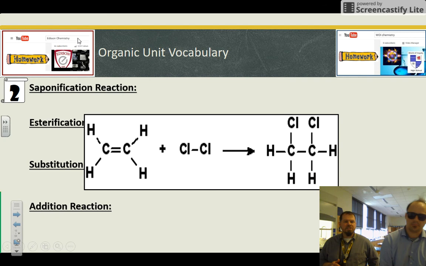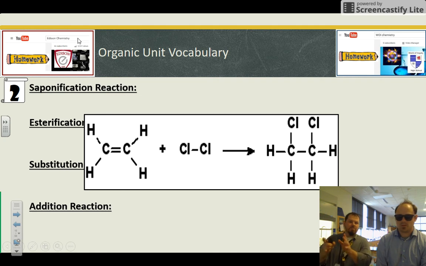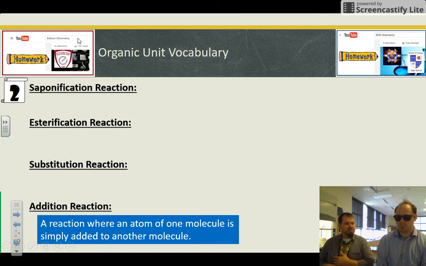And then now addition is I'm just going to add those chlorines onto the other molecule. No substitution happens. Let me break those chlorines up and stick them on. Notice there's got to be a double bond now in the hydrocarbon. So this is a reaction where an atom of one molecule is simply added to another molecule, making a bigger molecule.